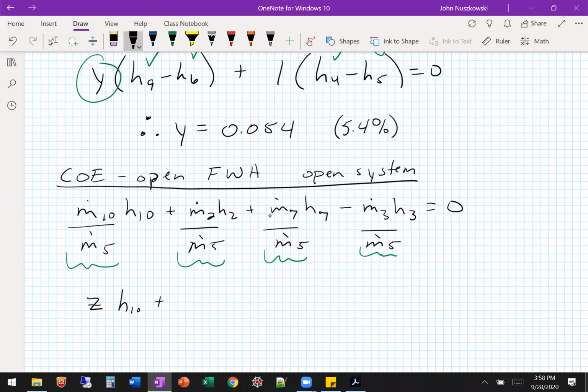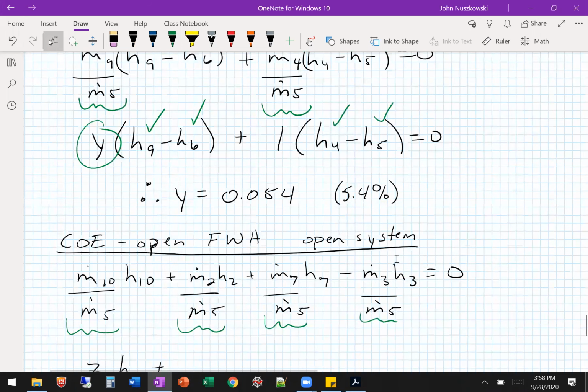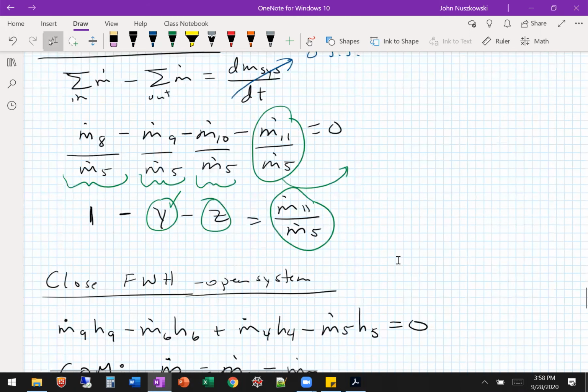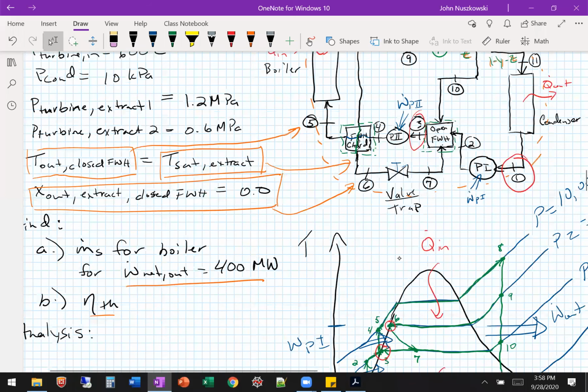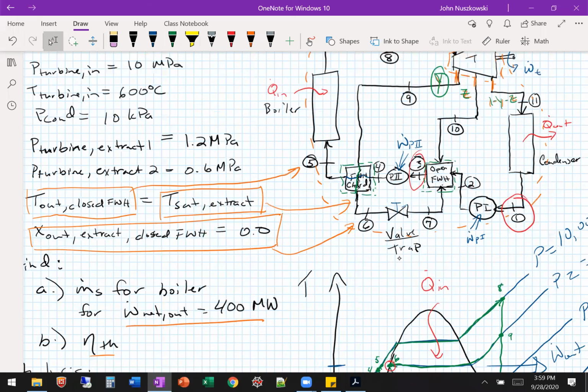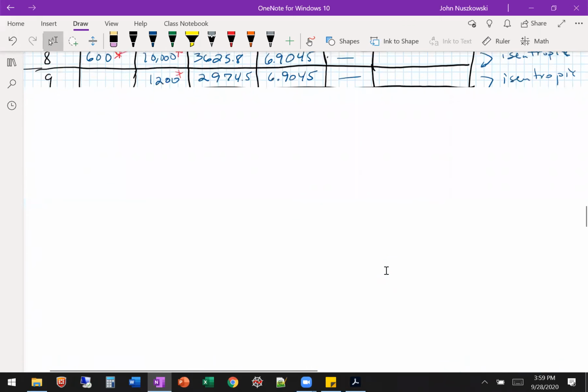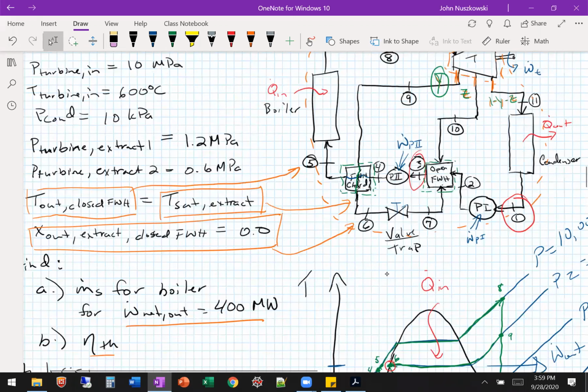What's 2 divided by 5? Go up to our schematic. We have mass flow rate at 2, which is the same as 1, which is the same as 11. So it's 1 minus Y minus Z, because we can't go forward, since this is where it all mixes together, right?